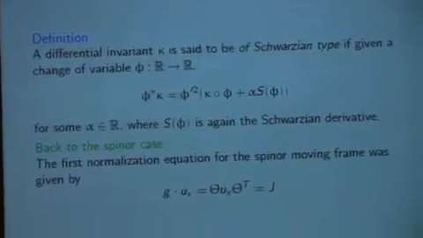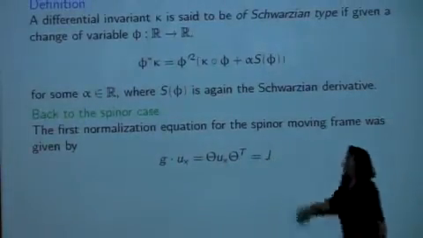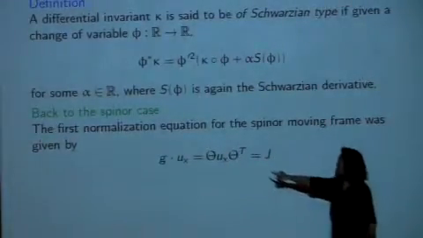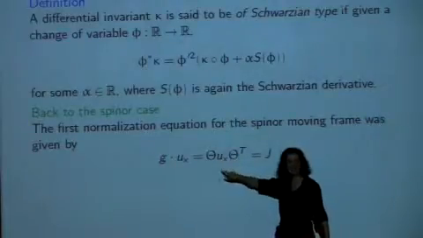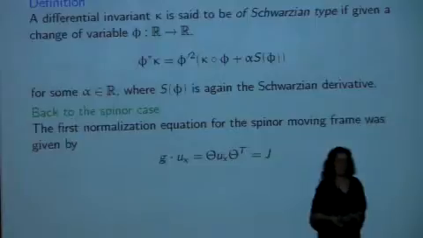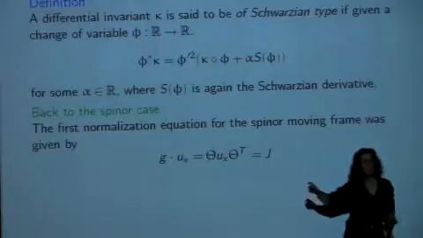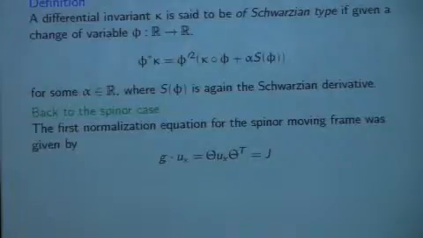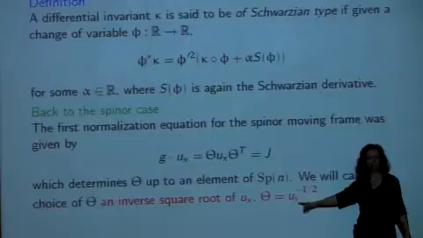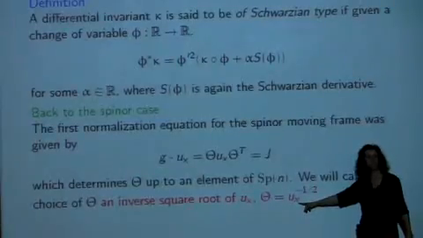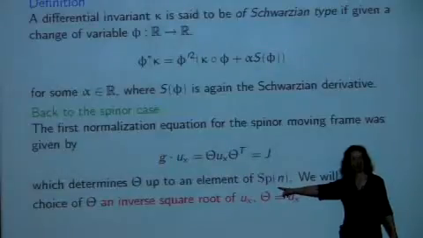So the first normalization equation for the spinor was this equals the symplectic matrix. Okay, so this is a generic case, right? Generically, I can choose a matrix so that this is carried to g, and I can choose that up to an element of the symplectic group. Such a choice I'm going to call the inverse square root of Ux. Of course, it's not well defined because it's only defined up to an element of SPN.